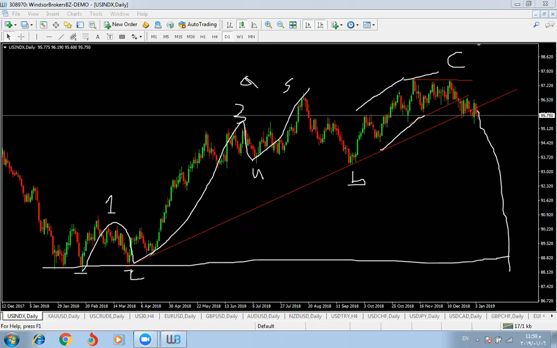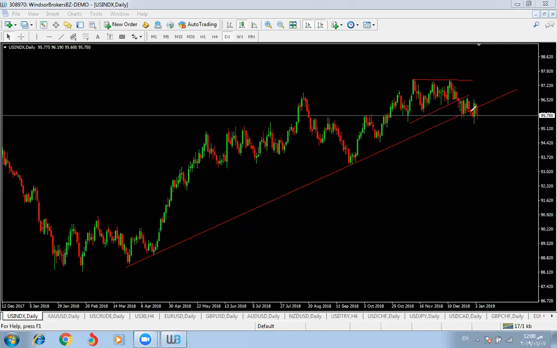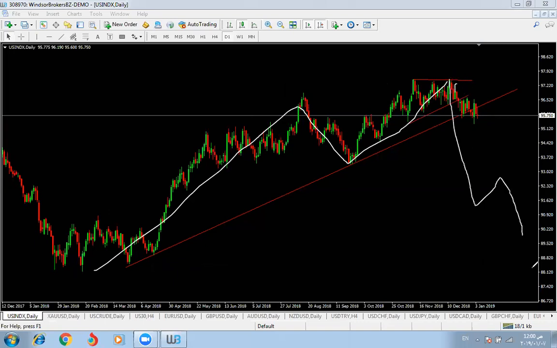Once we have breached this bottom to the downside, price will continue moving lower. So from this swing, we are expecting to see an ABC for the dollar index, which will test this bottom and might go beyond it to lower targets.